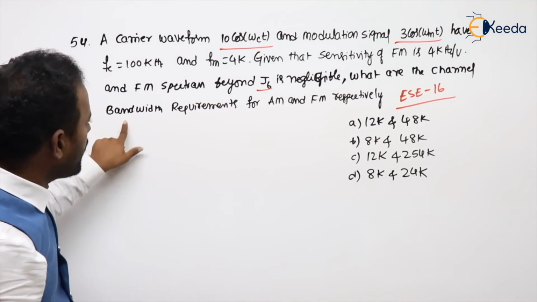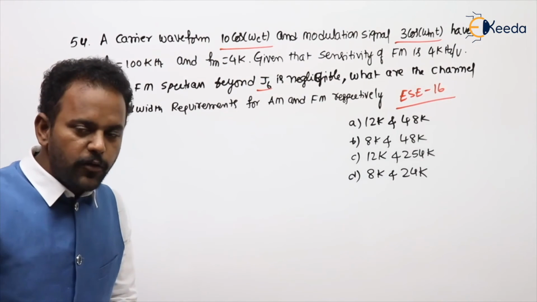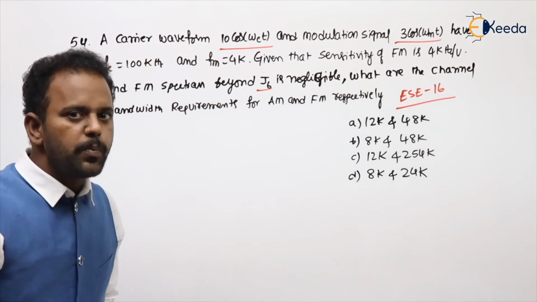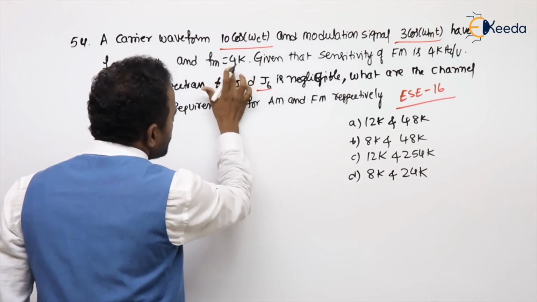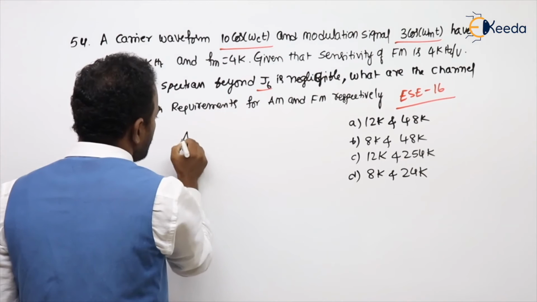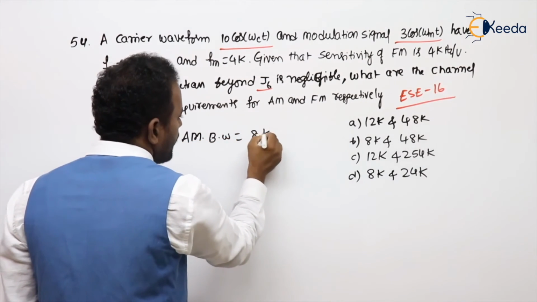What are the channel bandwidth requirements for AM and FM? What is the bandwidth formula for AM? AM is simply 2 f_m. So what is f_m given? 4K. 2 f_m means 8K. So AM bandwidth is 8K.